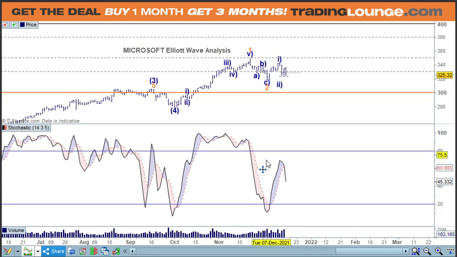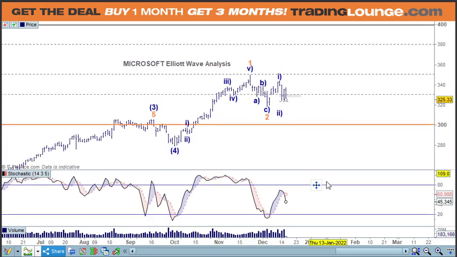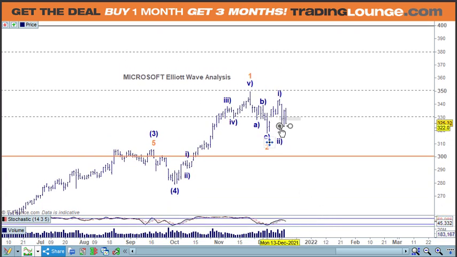It's just reflecting the price, so it's not really telling us anything. You might see it as a sell signal, and that's fine. But a sell signal to me would be taking out the low of that move down there.